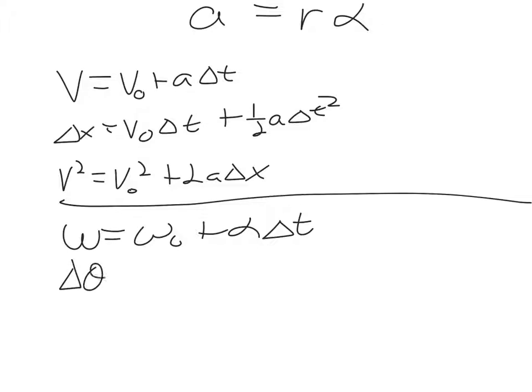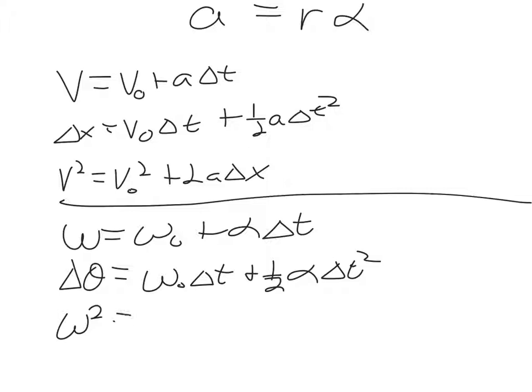The change in angle should be equal to omega naught delta t plus 1/2 alpha delta t squared. And then we have omega squared equals omega naught squared plus 2 alpha delta theta. So those are the same three equations. All I've done is use the angular versions of those linear equations.